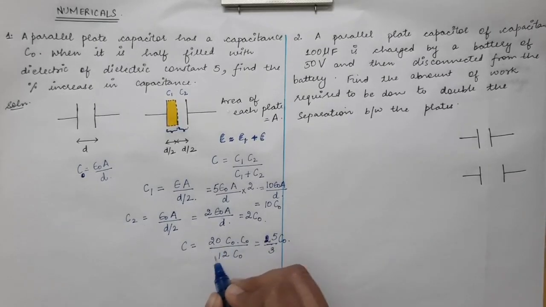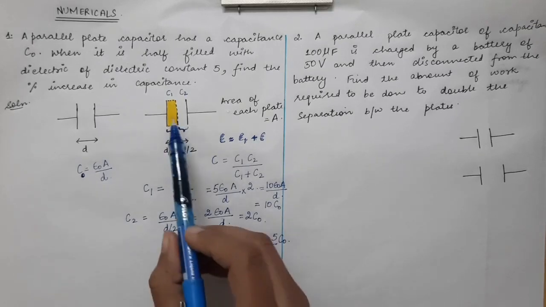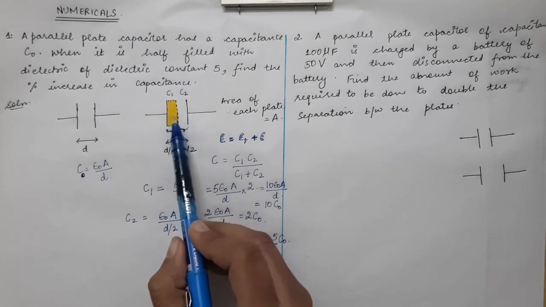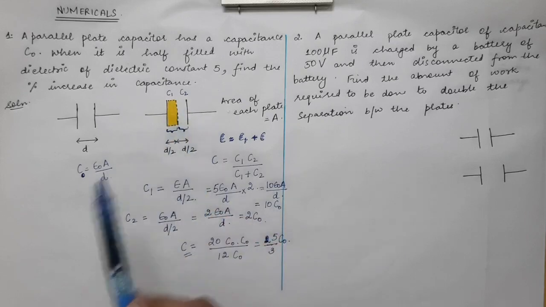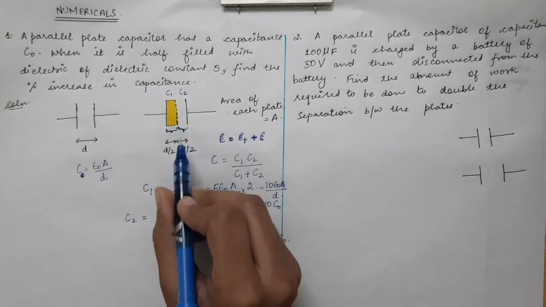So we simplify it, and this will be equal to 5 C0 divided by 3. This is the total capacitance of this second capacitor, which is half filled with dielectric and half of the space is still empty. So this is the net capacitance of the second capacitor.